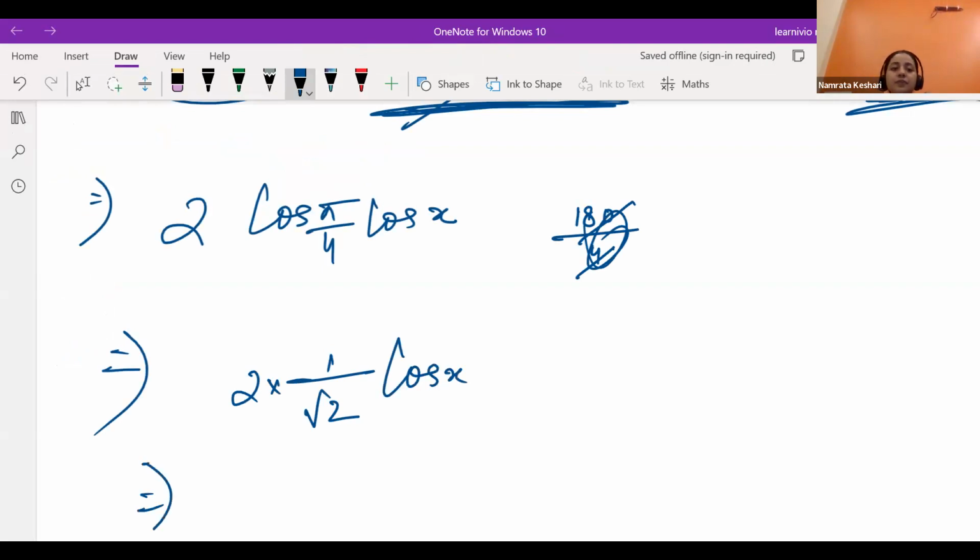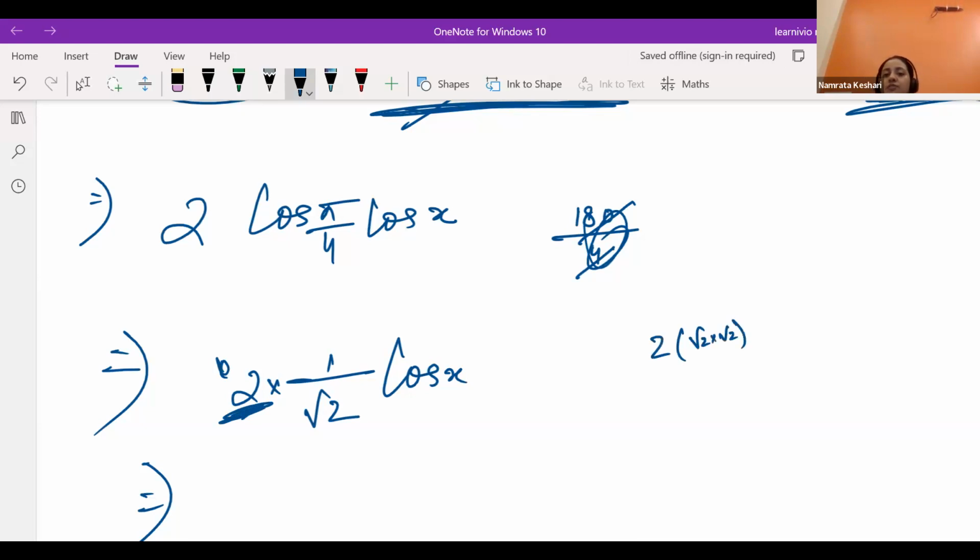Okay. Now, what will be the result from here? 2 cos theta, ma'am. I mean cos x. Yes, root 2 cos x, because 2 is nothing but just the combination of root 2 into root 2.